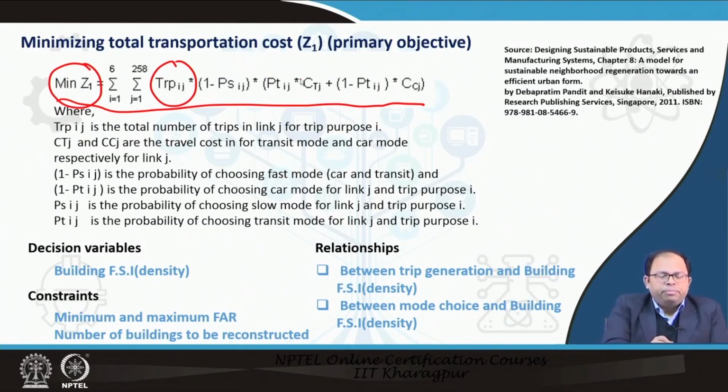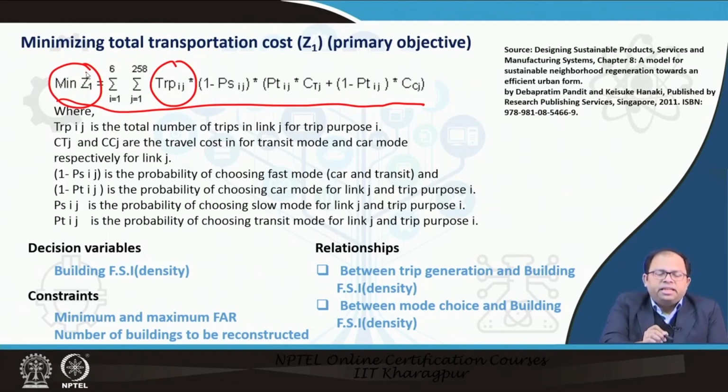P_TIJ and P_SIJ are the probability of choosing fast mode, which includes car and transit, and 1 minus P_TIJ is the probability of choosing car mode for link j for trip purpose i, and so on. So basically this predicts the overall transportation cost of an urban area. We are trying to minimize that.